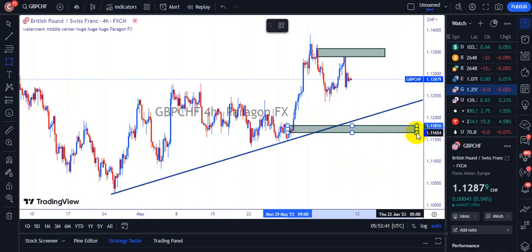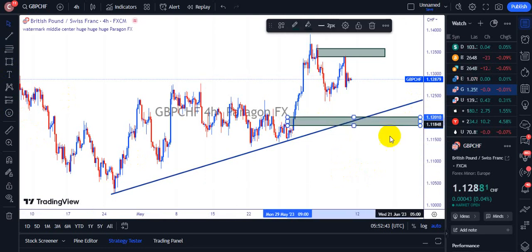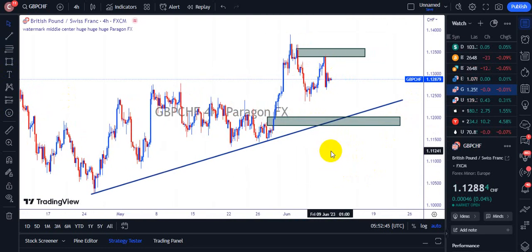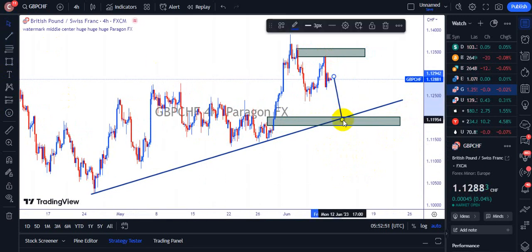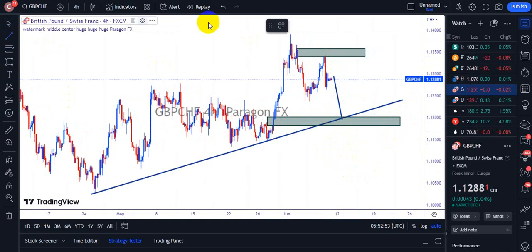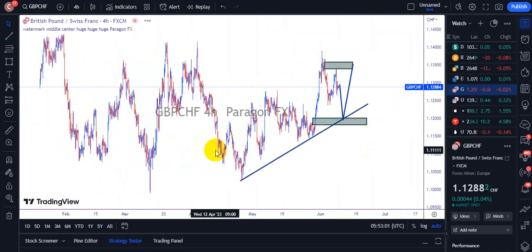This demand area is very important. Market can do this and should wait for rejection and then go out. The GBP CHF very simple.